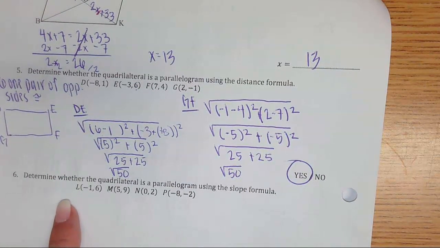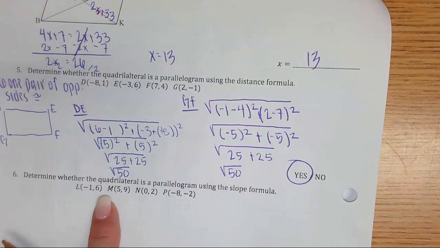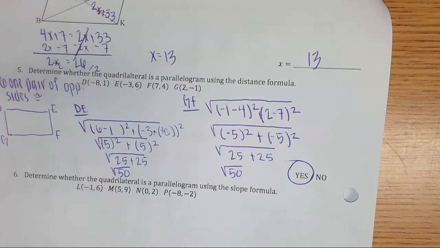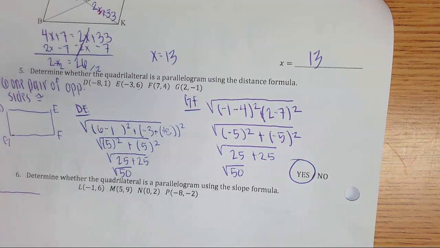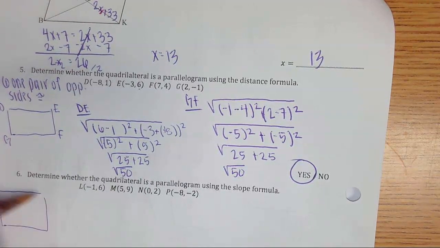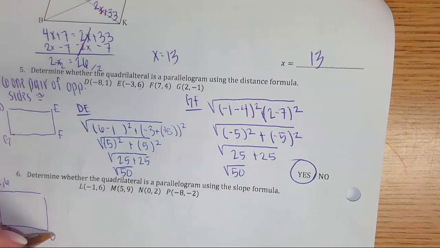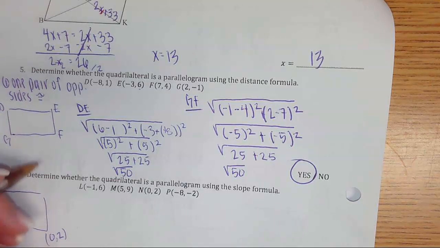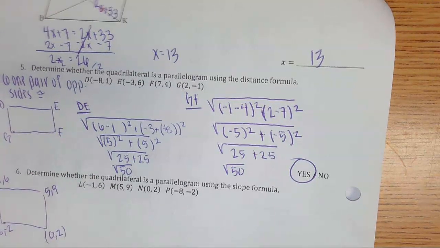Okay, next up, determine whether the quadrilateral is a parallelogram using the slope formula. So I'm going to go ahead and draw it out. Negative 1, comma 6, negative 8, comma negative 2, 0, 2, and 5, 9.